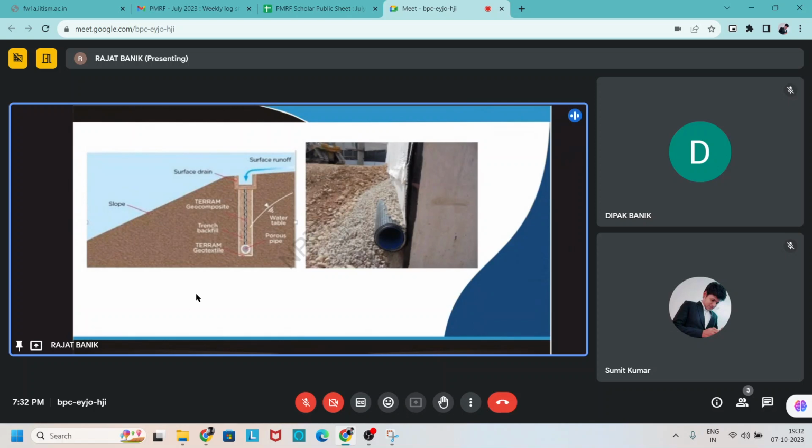Mostly this water is drained out by a perforated pipe, porous pipe. And due to this arrangement, the groundwater table is reduced. You can see that one line, the groundwater table line, is joining to this drain in a parabolic shape.